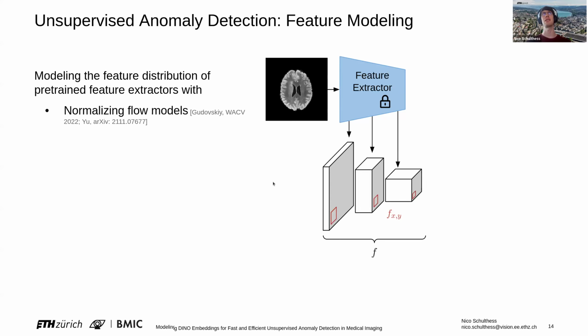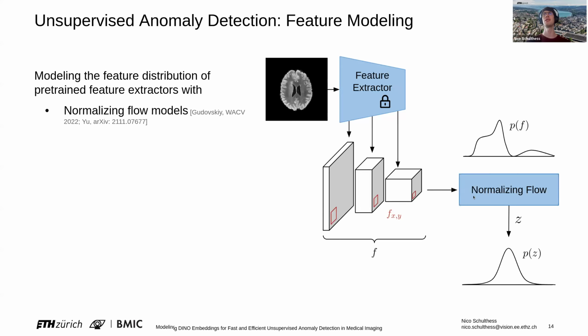This can be done, for example, with normalizing flow models, where the somewhat complicated distribution is mapped to an easily tractable distribution using a normalizing flow model. Then during anomaly scoring, the features of the test image can be fed through the normalizing flow model as well. And depending on where they lie in this simpler distribution space, they can be scored as either normal or anomalous.